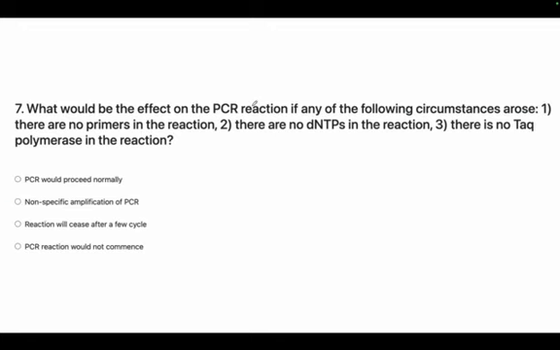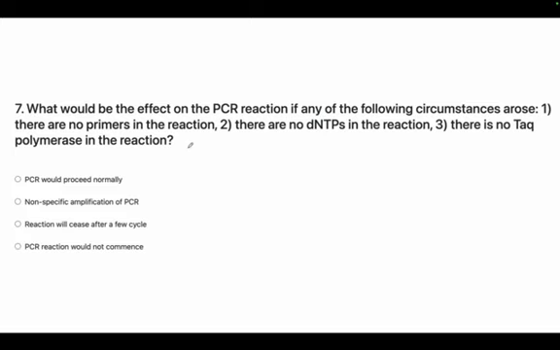What would be the effect on the PCR reaction if any of the following circumstances occurs? 1. There are no primers in the reaction. 2. There are no dNTPs in the reaction. Or 3. There is no Taq polymerase in the reaction. As you can imagine, since we are taking out components of the PCR reaction, we will not be able to amplify the DNA.